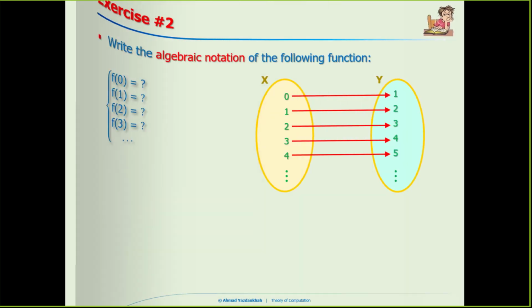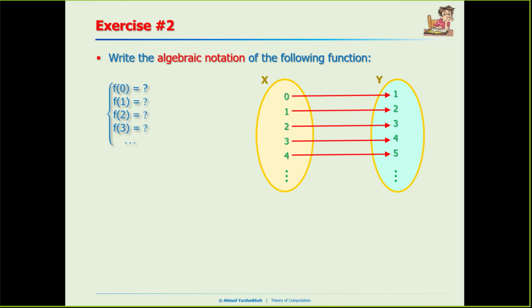I have another exercise for you guys. This one is probably very easy. I asked you to write the algebraic notation of this function. In some cases like this, you can find a pattern, right? So f of 0, you would say 1. f of 1, you would say 2, and so forth, right? Algebraic notation never ends here, right?